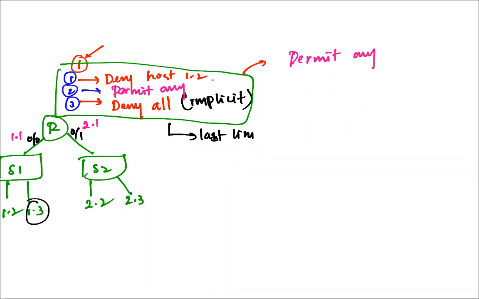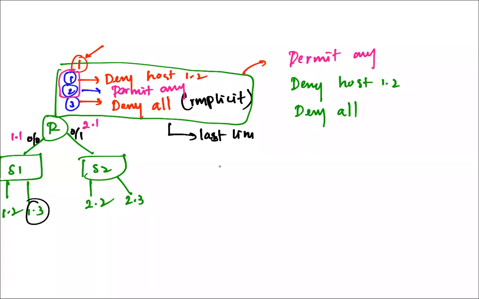I'm just going to swap the first two lines. So permit any, and the next line, deny host 1.2. And next is deny all, which is of course always the last line.